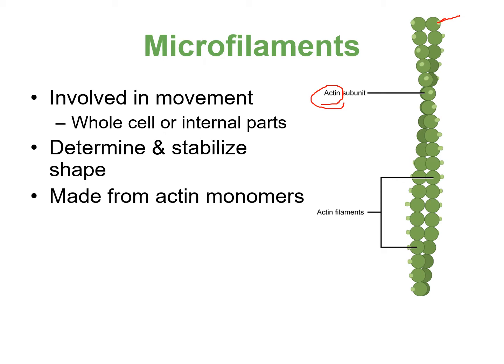The chain has some rigidity to it, not much, but just enough. Because it is very simple, it turns out the microfilaments are the easiest to make, the easiest to break. Put them together, take them apart. They're very dynamic in that way.